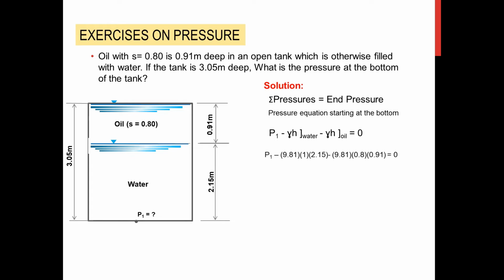And then from that, we can expand our equation by substituting the given heights and the given specific gravity. Then we can now derive the pressure at the bottom equivalent to 28.15 kilopascal. So this will be the answer to this problem.